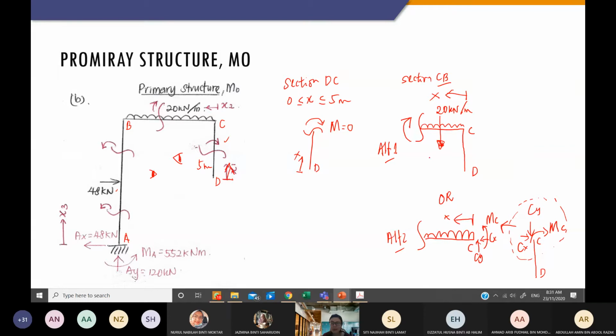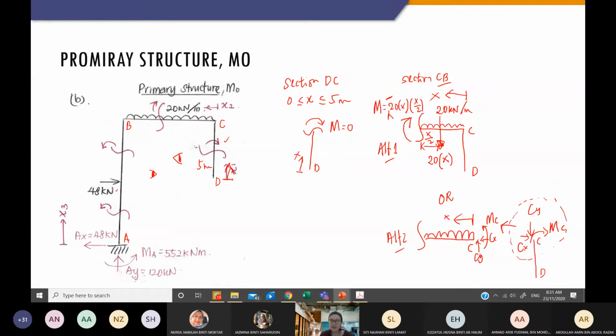It will be the area of the UDL, which is 20 multiplied by the length of this UDL, which is X. The distance to the cut section, because it is rectangular, will be at the center, so the distance is half of X. Now my moment will be the point load times the distance. Then I check the sign. If the applied moment is acting the same as my internal moment, I have a negative sign. So this is my moment.